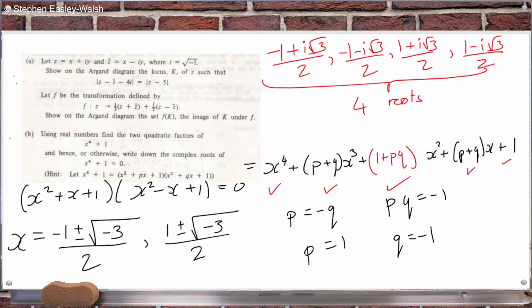Okay. Power 4, minus 1 plus root 3... oh.